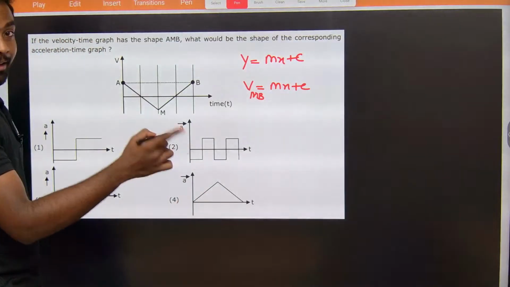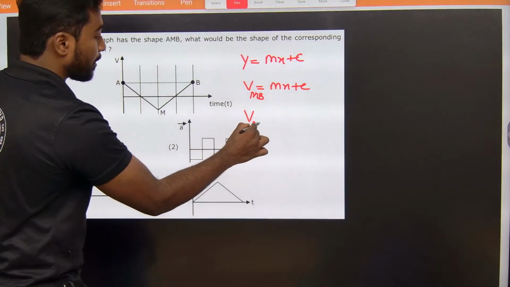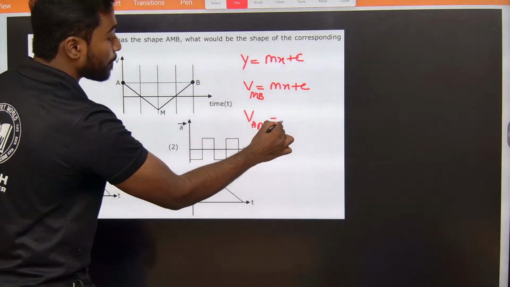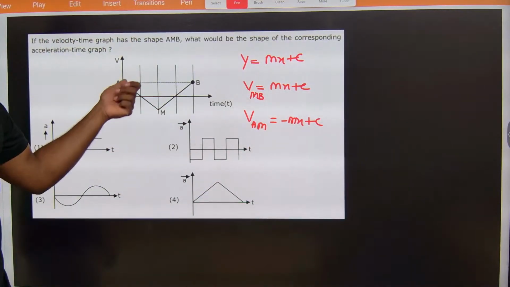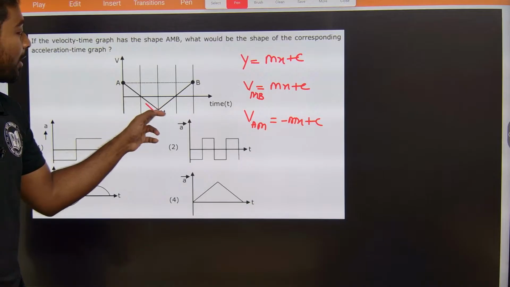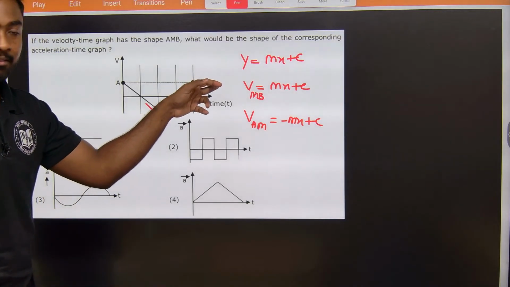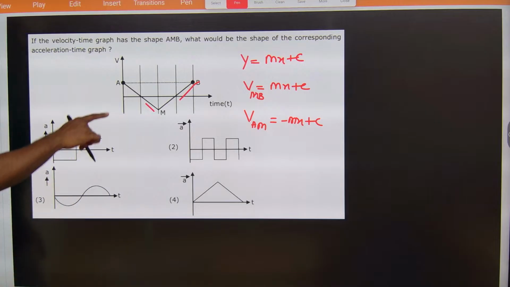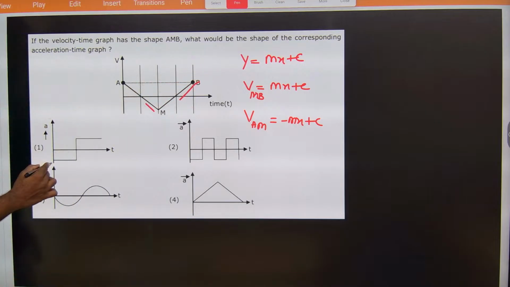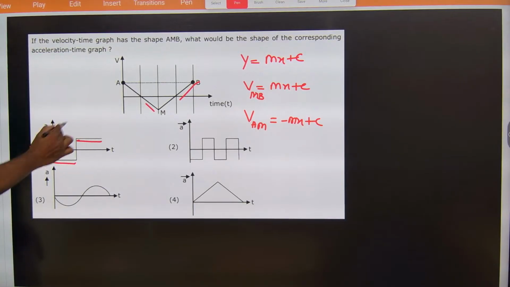For the case AM, it will be v is equal to minus mx plus c. If you see the slope here, it is negative and it is positive. Which is the correct option? It is constant and this is also constant, so this is negative and this is positive. Option A is the answer. That's it.